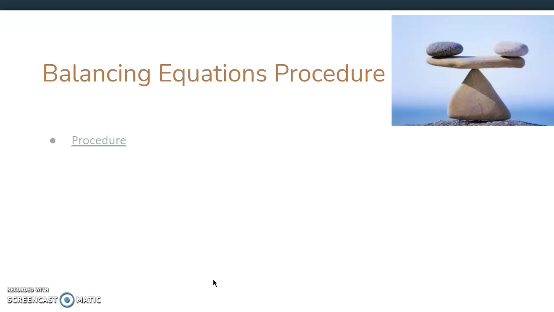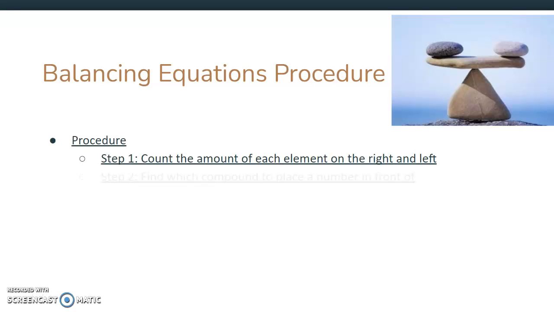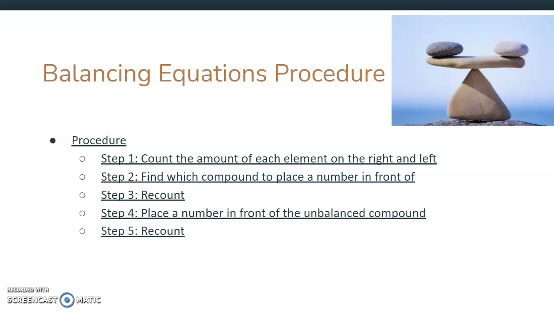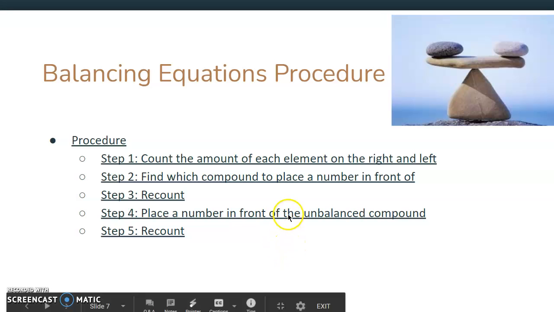So let's go through what this would look like when we're going through one of these problems. The way I like to do them, I think the way that makes the most sense, is to count the amount of each element on the left and the right. So I start with putting a 1 in front of everything, like I did on our simulation, and see what needs to be changed. So then I find which compound to place a number in front of.